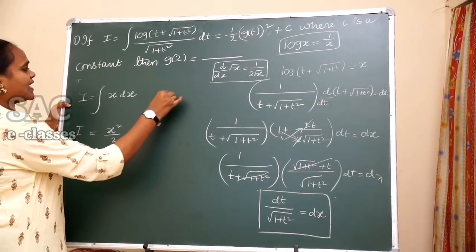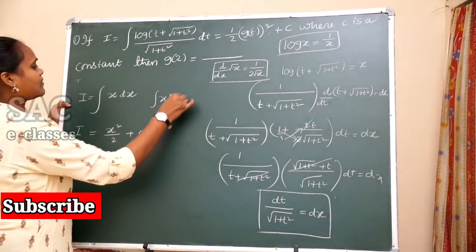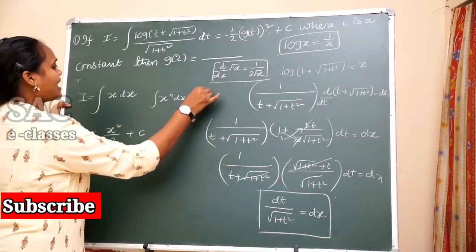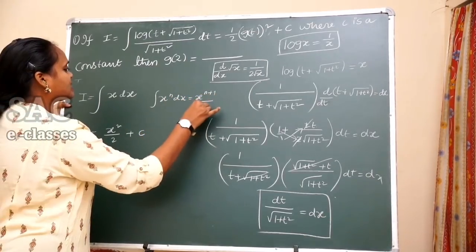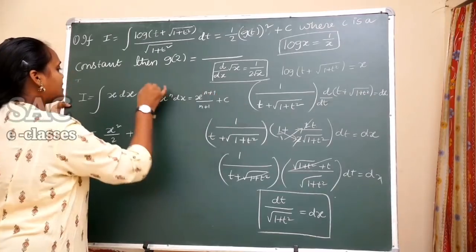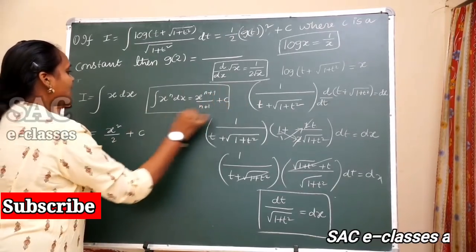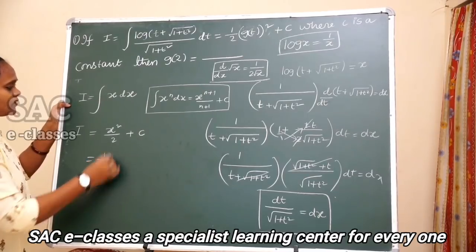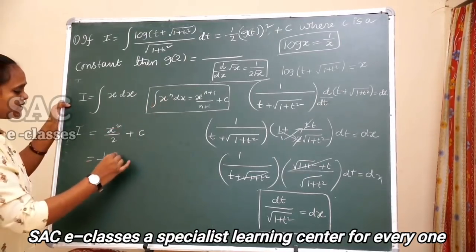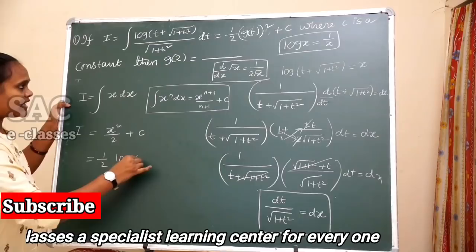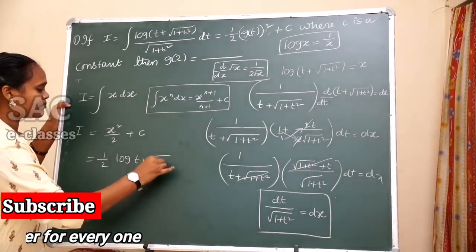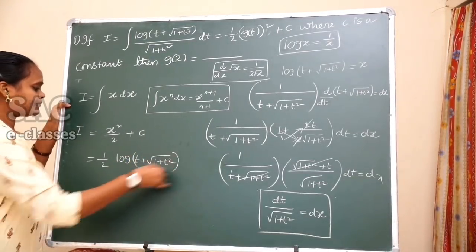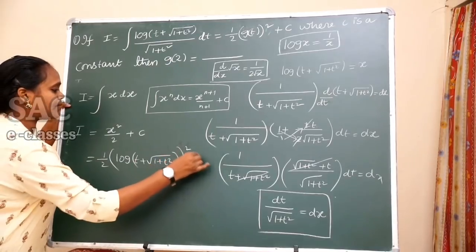Here I have applied the integration of x power n dx is equal to x power n plus 1 by n plus 1 plus c, the standard formula. Now half into x, but what is x? It is log of t plus root over 1 plus t square, whole square, plus c.